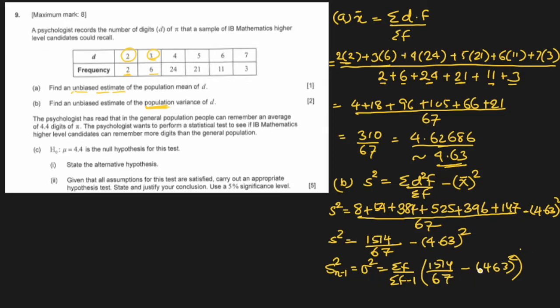This is the estimated variance, which carefully we'll put in our calculator. First we have to write 67, 67 minus 1 will be 66, and 1514 over 67 minus 4.63 square.